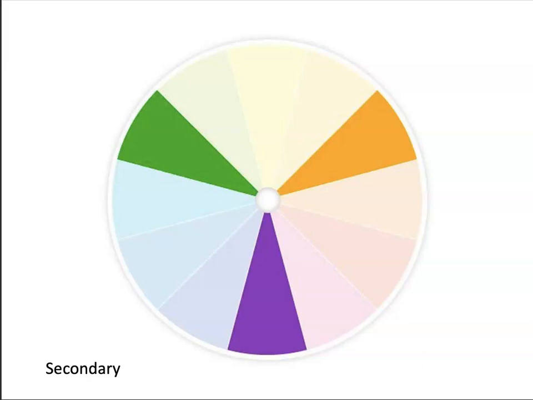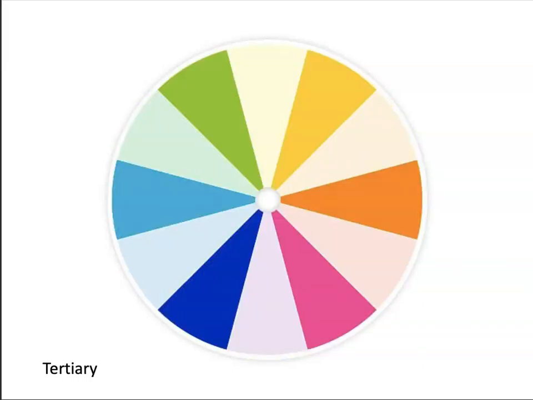The tertiary colors, which is the next one, are colors that are mixed with 50% of the primary and 50% of the secondary. And they're called tertiary, and it's spelled down there in the corner. And you label this with the primary first, then the secondary. So here we have yellow-orange.